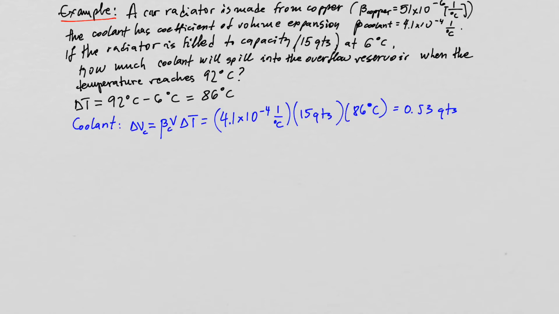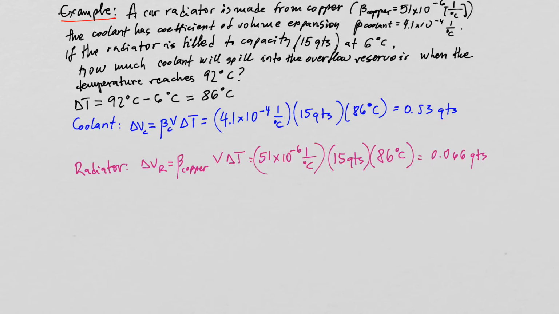So for the coolant, the change in volume will be equal to the product of the coefficient of volume expansion, the volume of the coolant, and the change in temperature. So that's 4.1 times 10 to the negative 4 per degree Celsius times 15 quarts times 86 degrees Celsius. So the change in volume of the coolant is 0.53 quarts.